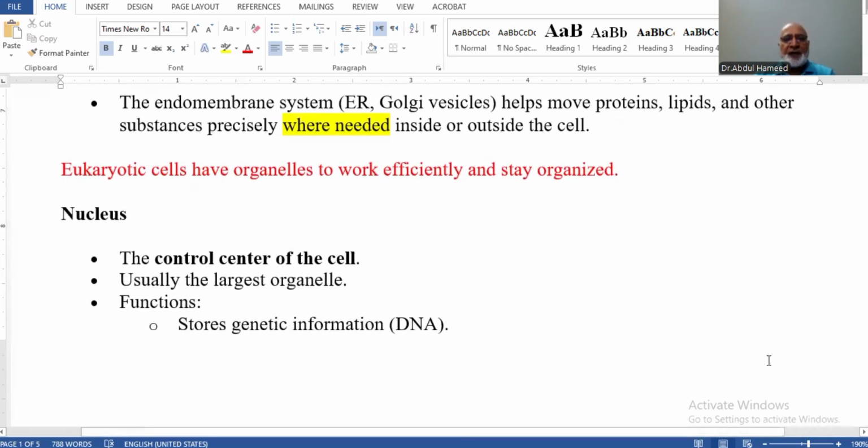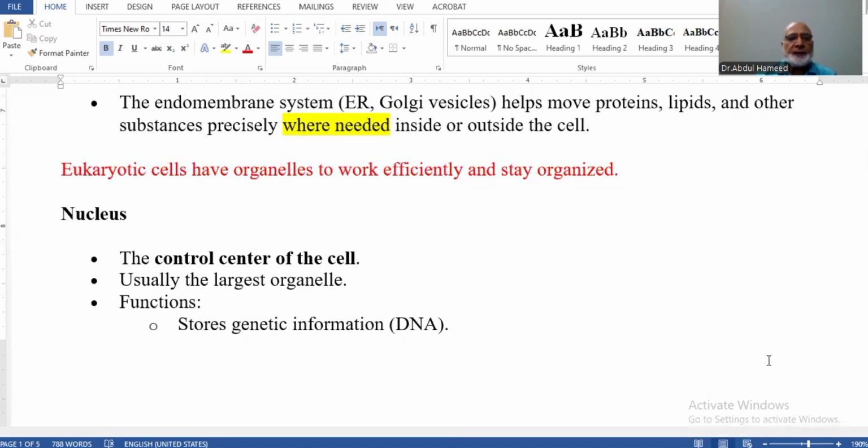Now, we will start with the given organelles in our syllabus. The first one and the most important one is nucleus. We know that the nucleus main function is to control the cell function, cell activities. So it is the control center of the cell.